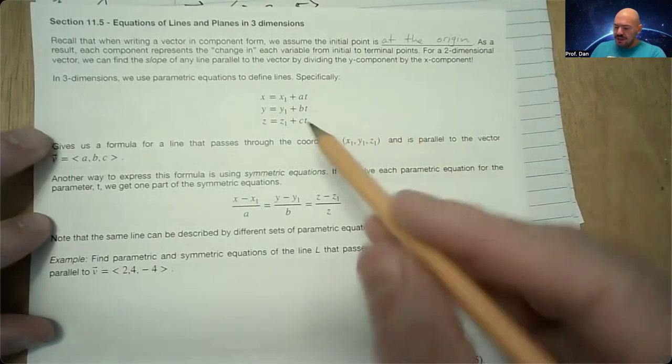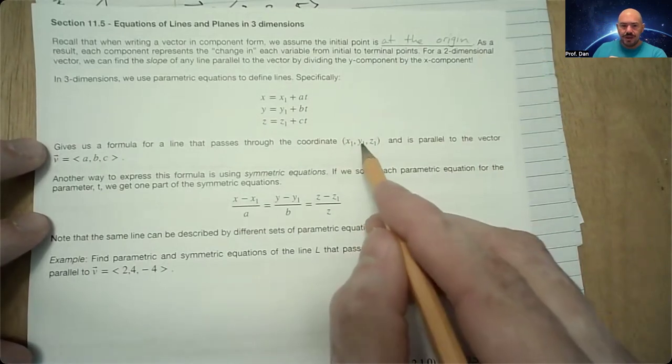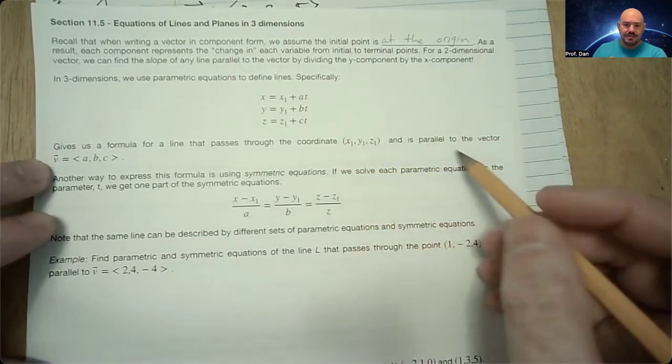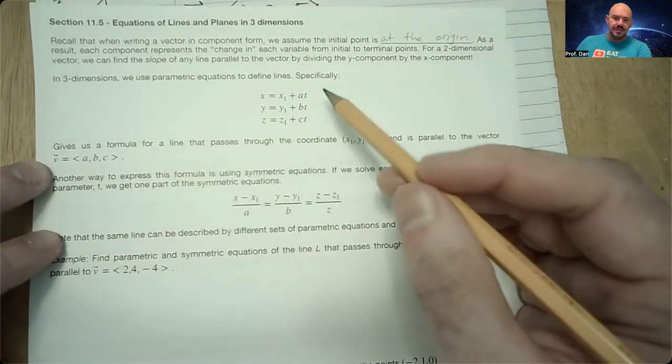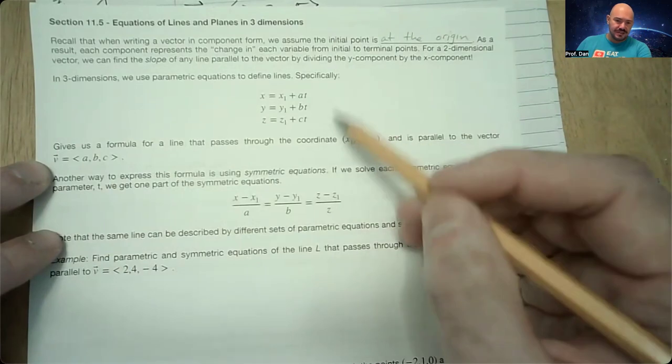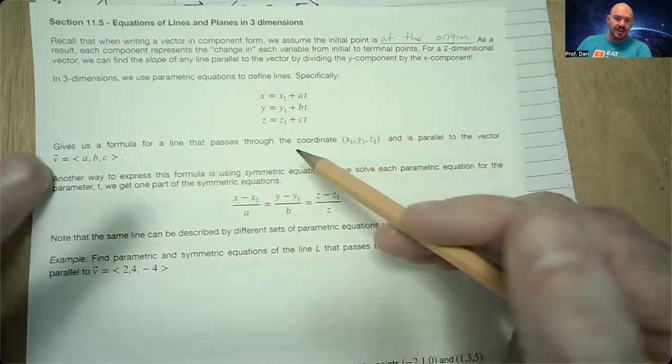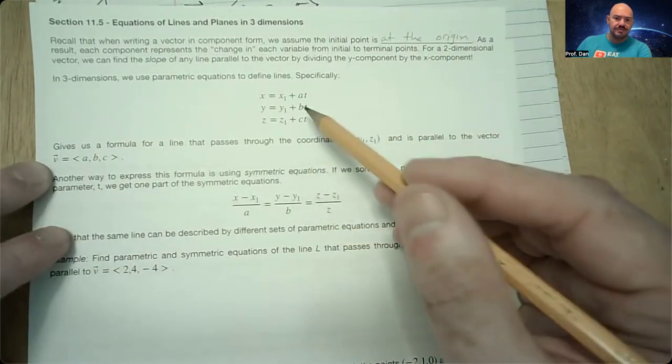So if the line passes through x1, y1, z1, and the line is known to be parallel to the vector ABC, then these three equations collectively will describe that one line in three dimensions.